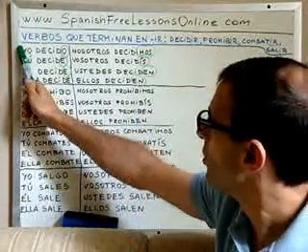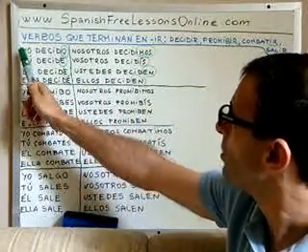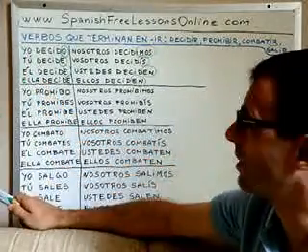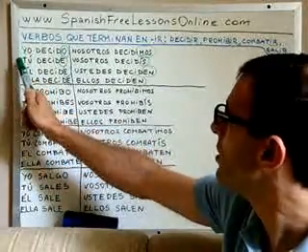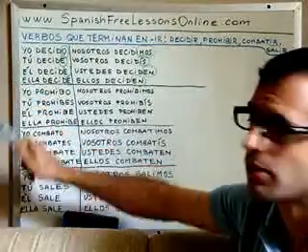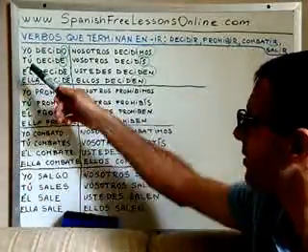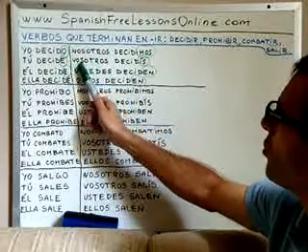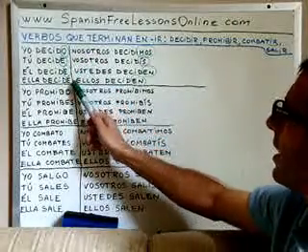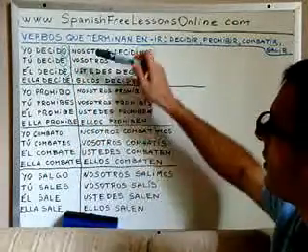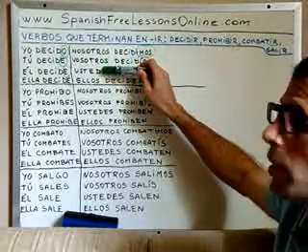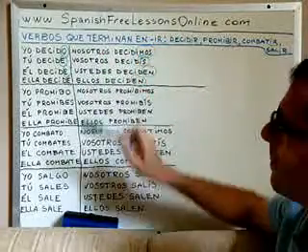So, the pronouns would be yo, tú, él, ella for the singular, okay? I, you, he, she, or it will also be the same conjugation, okay? Nosotros, vosotros, ustedes, ellos. That is we, you plural again, they.